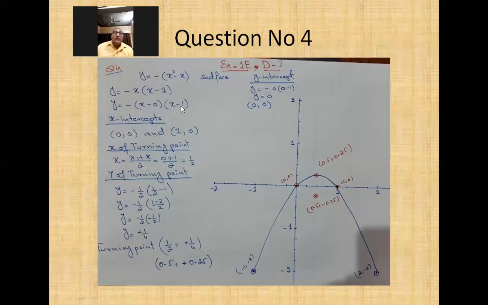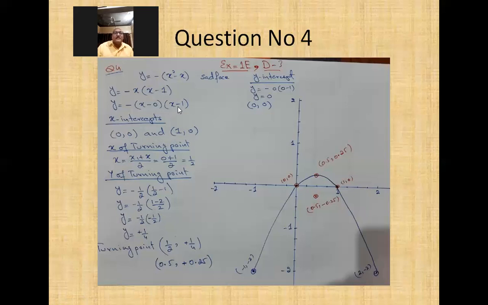This number is also telling you the x-intercept, but you have to change its sign. Here it is minus 1. The actual x-intercept will be positive 1. So positive 1, 0. At the x-intercepts, the y value is always 0. Remember that thing. At the x-intercepts, the y value is always 0. So you will have 0, 0 and 1, 0 as the x-intercepts of this graph.